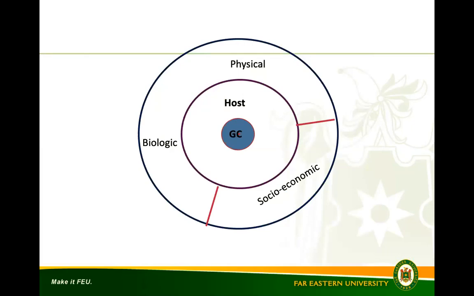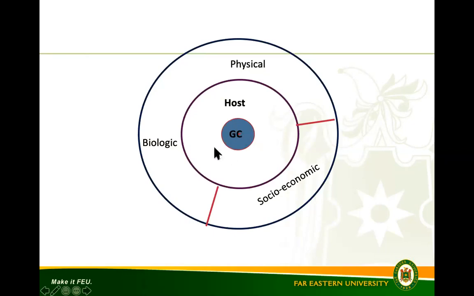The wheel model of disease causation uses the wheel in depicting human-environment relations. So the wheel consists of a hub that represents the host or human, which has a genetic code. So this is the host with its genetic code, making up its core.